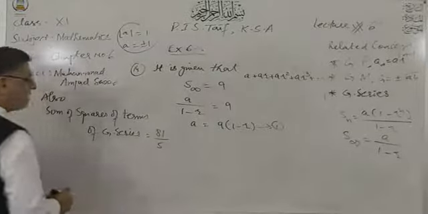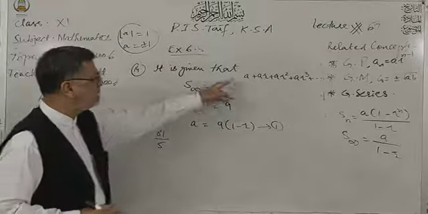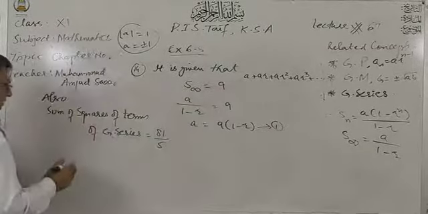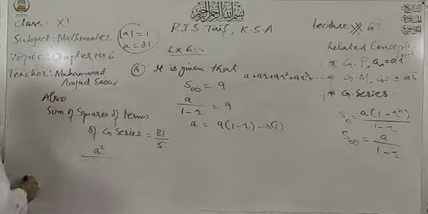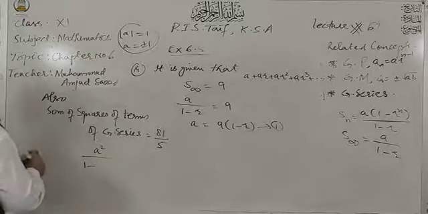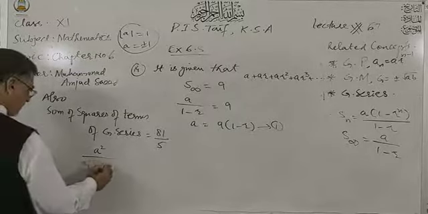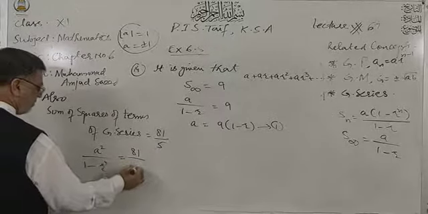Dear students, you will have S infinity, but in case of squares of these terms. So what is a? The first term is a square, and the second is 1 minus r square. That will be equal to 81 over 5.